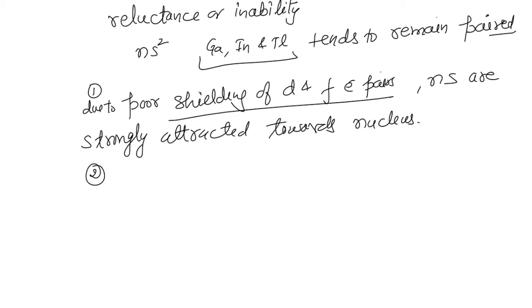The second reason is, as we go down the group, the size of the atom increases, from aluminium to thallium, with a regular increase in size.